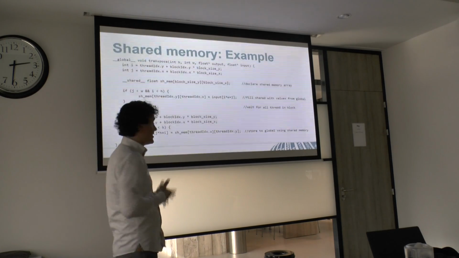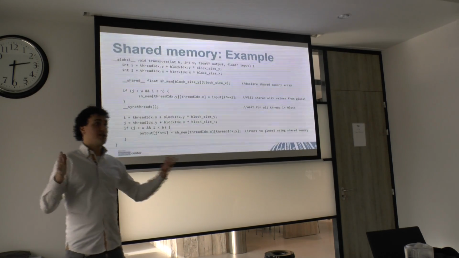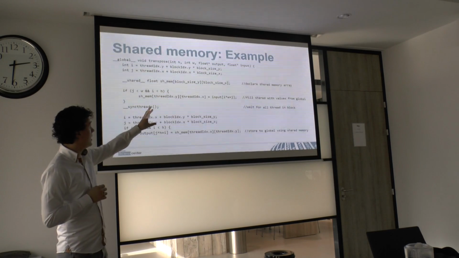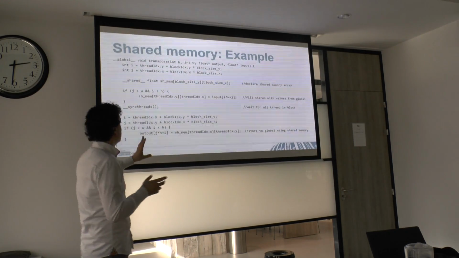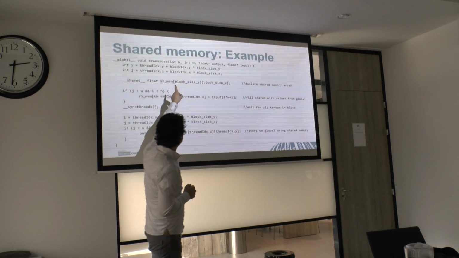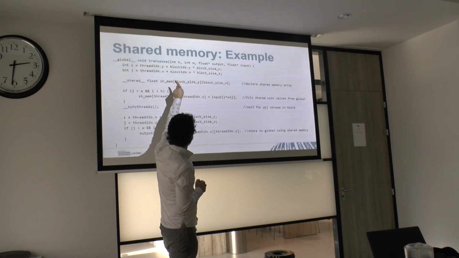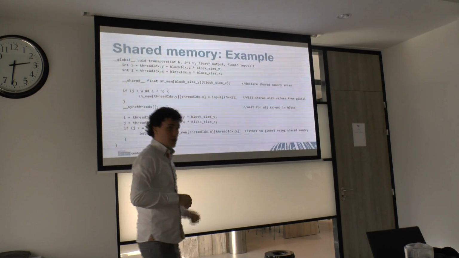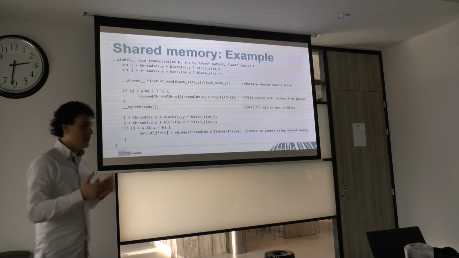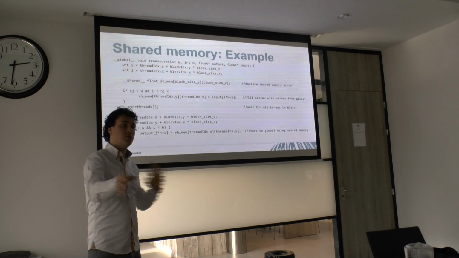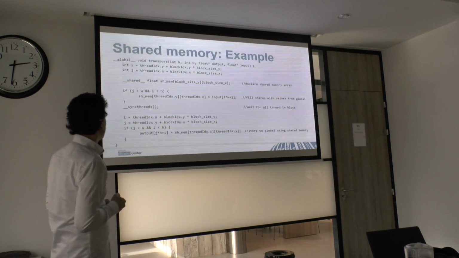This is a transpose kernel, which is taking a two-dimensional input and a two-dimensional output, and the width and the height are stored in these parameters as well. So we have H and W to specify the width and the height of the input. The width and the height of the output will actually be flipped, of course.